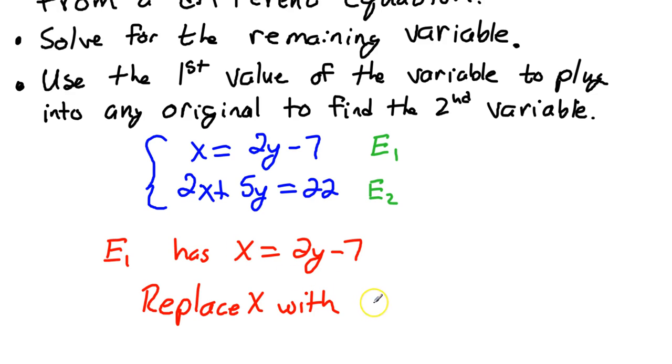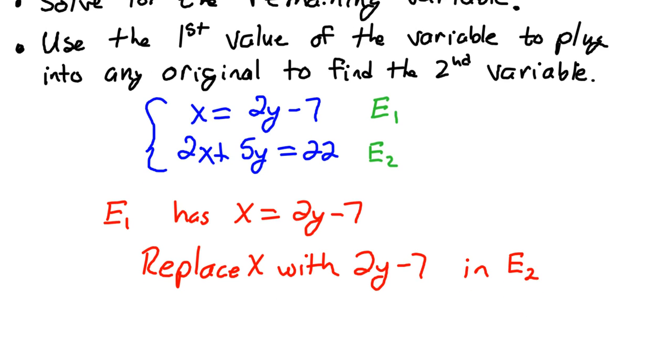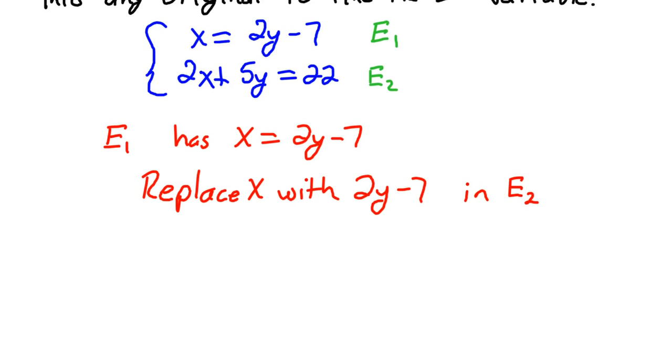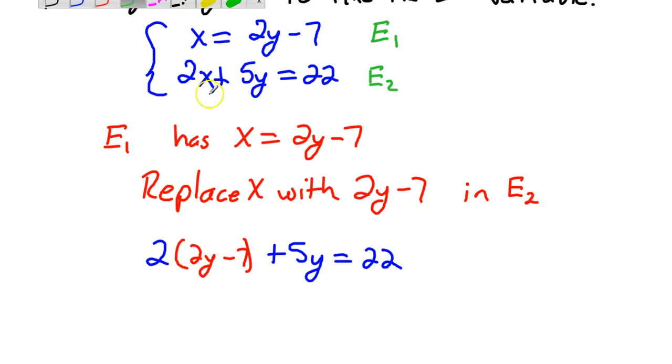So you're going to replace x with 2y minus 7, but you're going to do that in equation 2. So in equation 2, we're going to take x out and put 2y minus 7 in its place, and everything else we're going to leave alone.